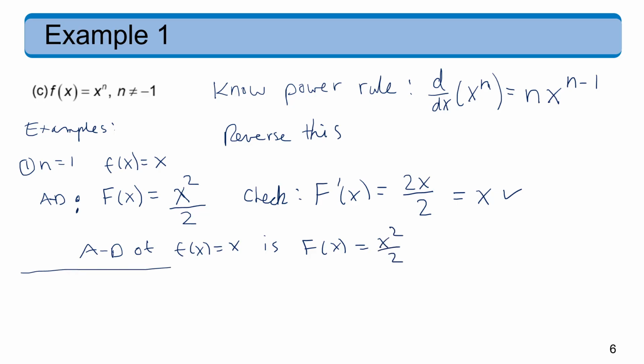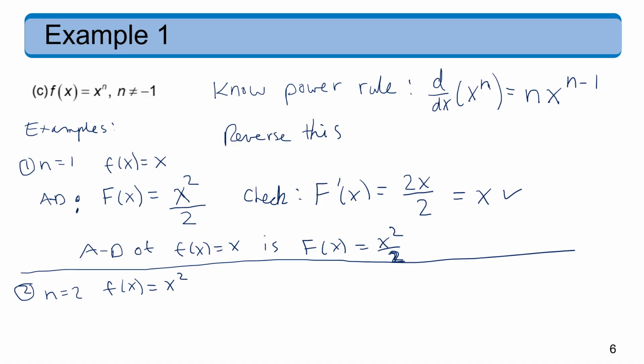Let's try a second example. Okay, let's take n equal 2. So our little f, right, it's x to the n, so now it's x squared is what we're looking at. Let's see if we can find an antiderivative.